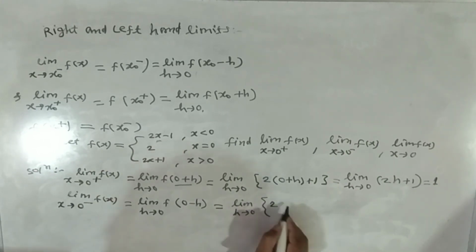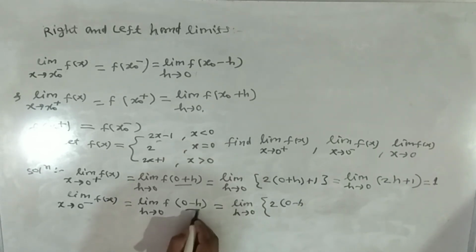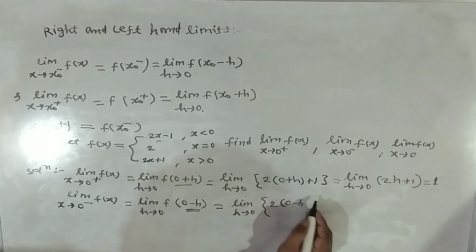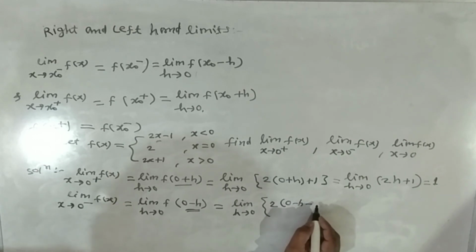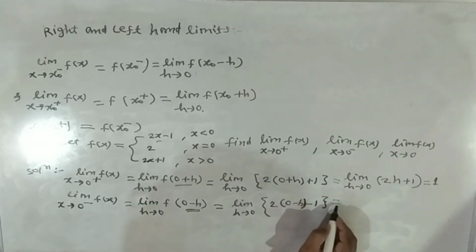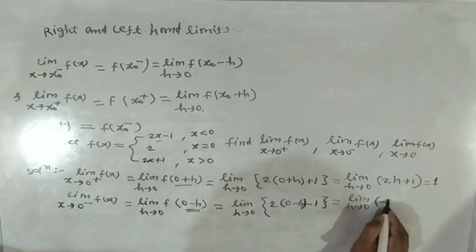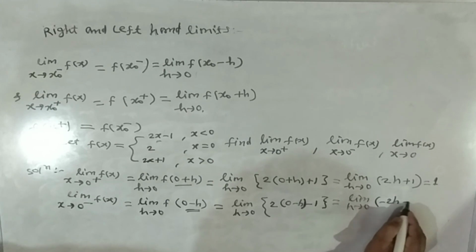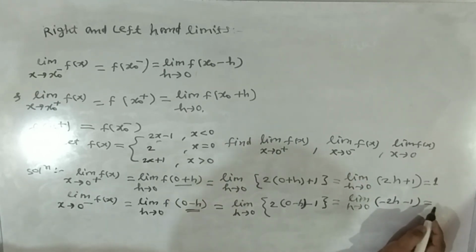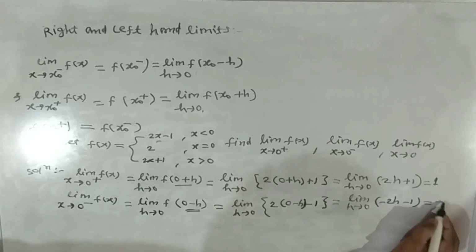Here f of x is 2x minus 1, where x is 0 minus h, so we get the limit as h tends to 0 of minus 2h minus 1. This will be 0 and we have minus 1.